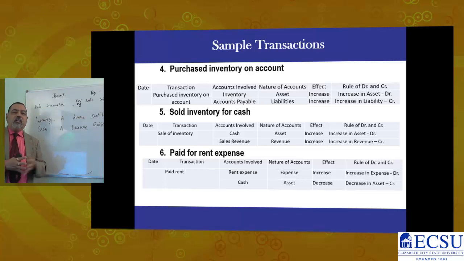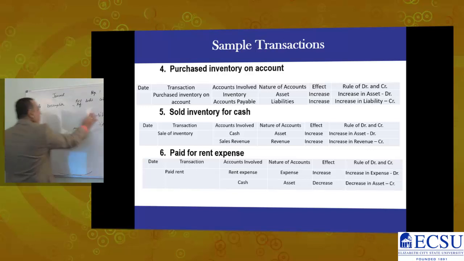Purchase inventory on account. Again, what are the two accounts involved in this? Of course, inventory, because I am purchasing the inventory. So if I purchase inventory, I'm going to use that as an asset. So let me write that down as well. So first is I'm purchasing inventory.